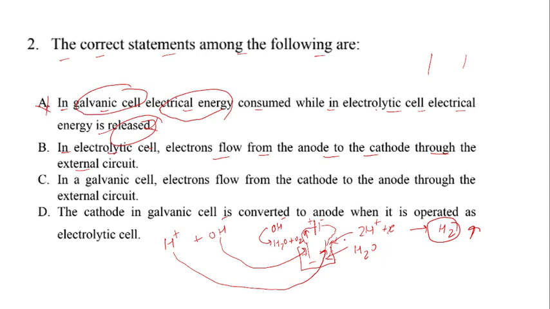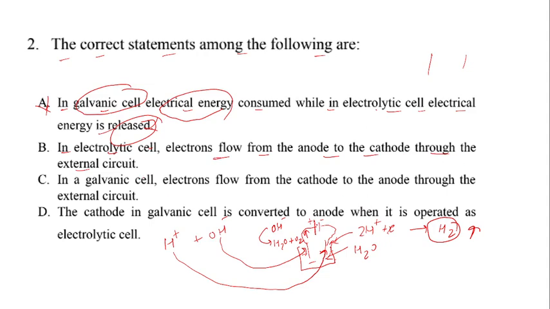Here this is OH minus, and here it is 2H plus, hydrogen. So what is written here? In an electrolytic cell, electrons flow from anode to cathode through the external circuit.